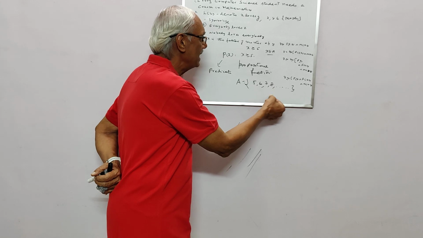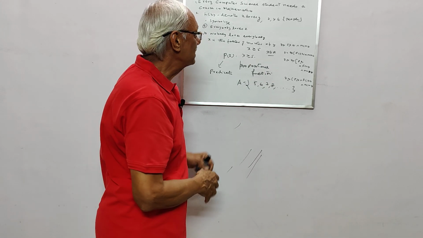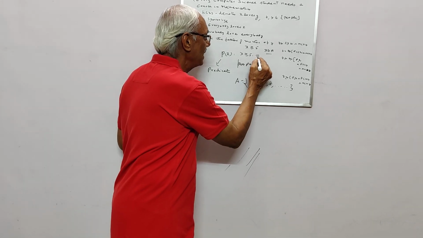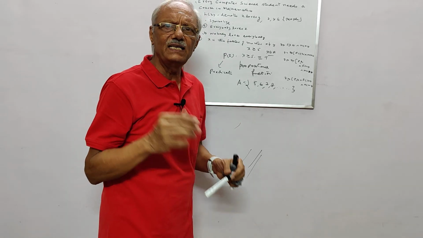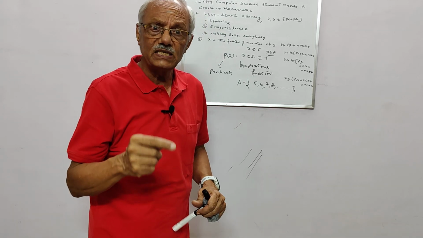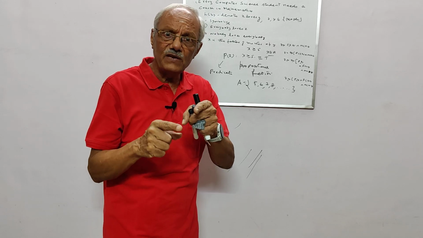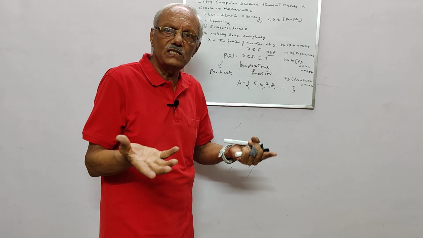So you see that any number you assign there is satisfying, and you say that P of x, x greater than or equal to 5, is identically equal to t. What is the meaning of that identically equal to t? That means for any value that you assign for x, if this is true, it is true.